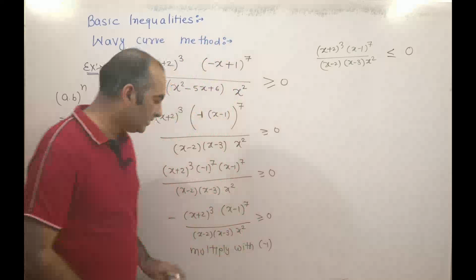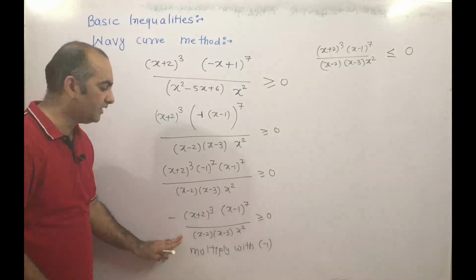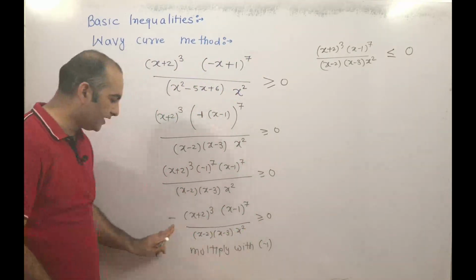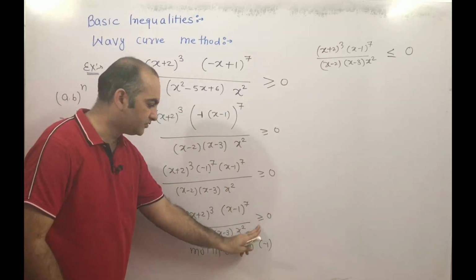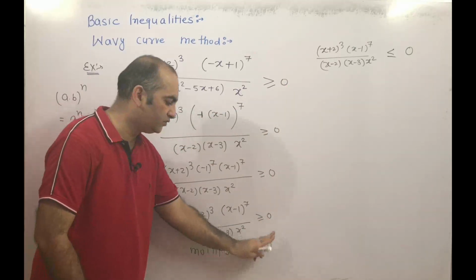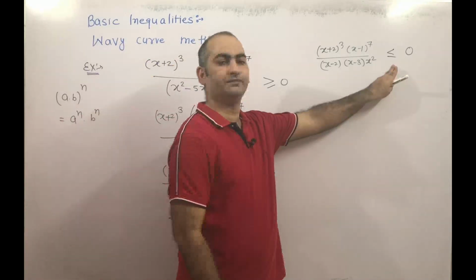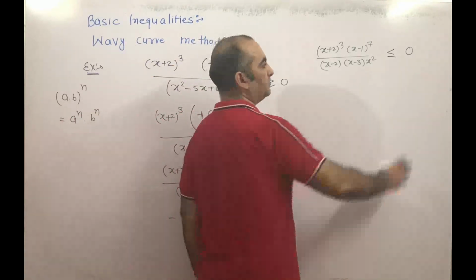So if you multiply this inequality with minus 1, the sign changes, and this is less than or equal to 0. Now here one of the sides is 0.